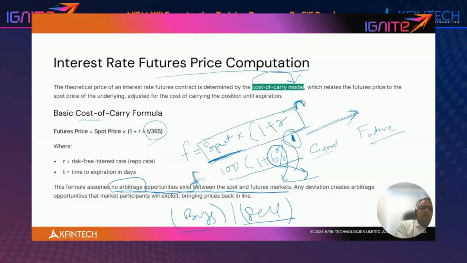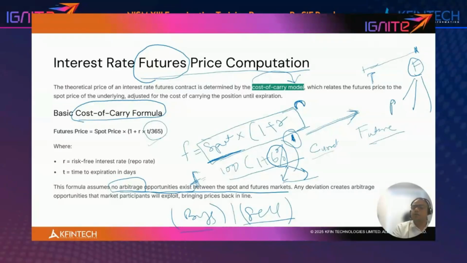Why do we need the cost of carry formula? Let's understand. This is a futures contract. That is, today you are entering into it for a price in future. Now this future price is exposed to risk. The price might change, the yield might change, the rates might change, right? Anything can change. So this is exposed to those risks.